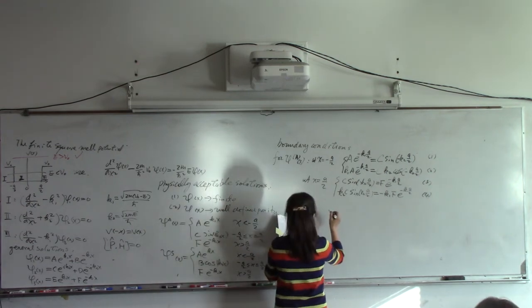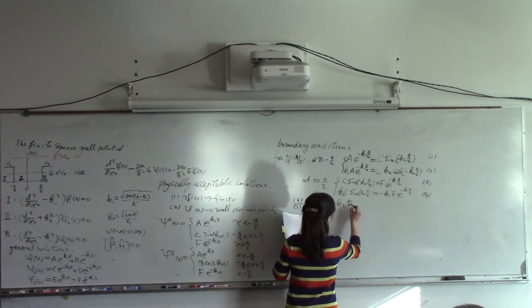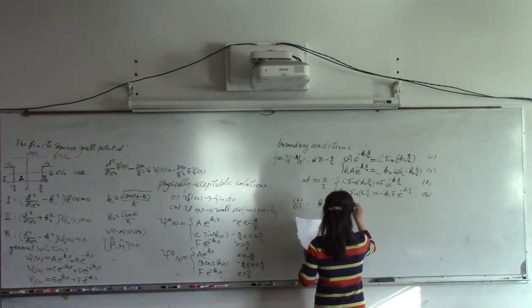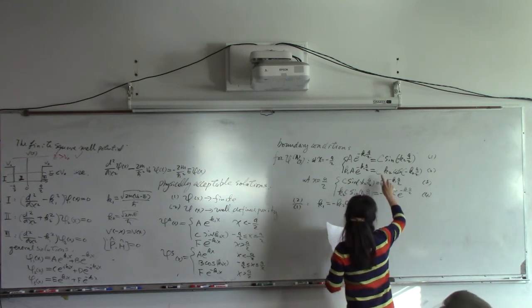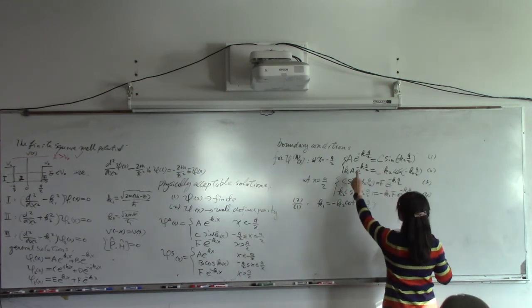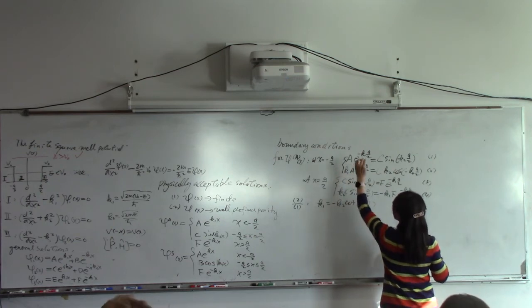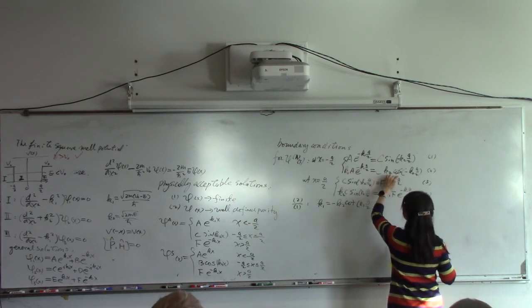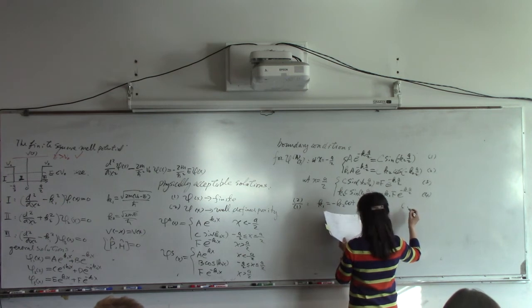So K1 equal to negative K2 cotangent K2 a over 2, right? 2 in the numerator and 1 in the denominator, so cosine over sine, that is cotangent. I'm going to call this equation 5.